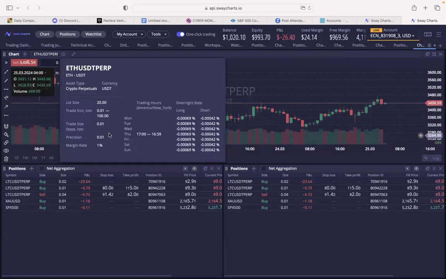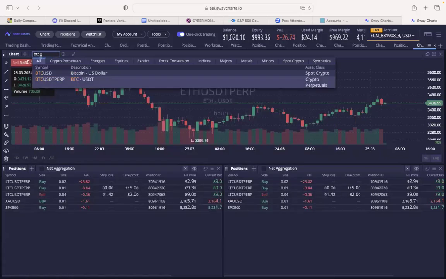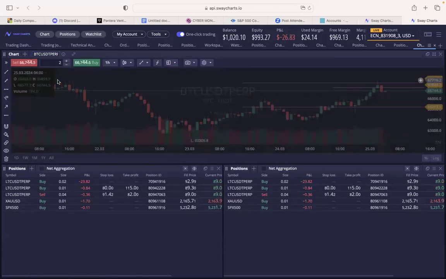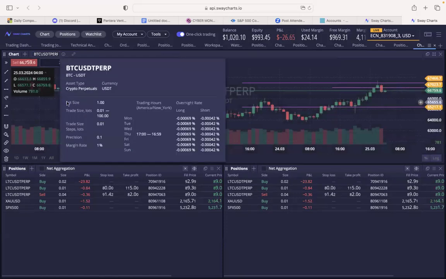It's still 1%. So you have to do the calculation on each one. Let's look at BTC, because they all have different requirements. The lot size for BTC is 1, right? The margin rate is all 1%.